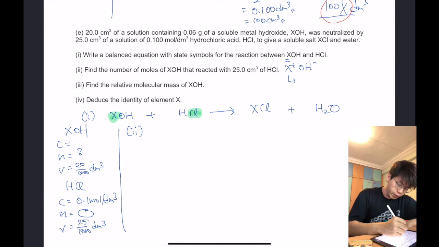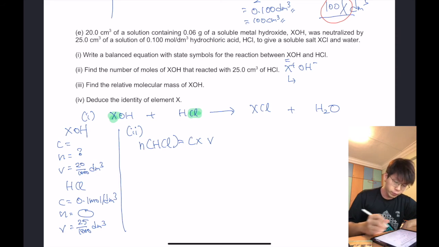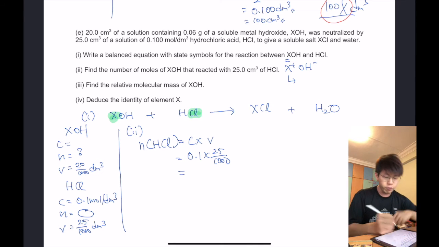Okay, so part 2. So first I find the number of moles of HCl. So I know that this is concentration times volume. Okay, so concentration is 0.1 times 25 divided by 1000. And remember, give your answer in decimal place. 0.0025 moles.